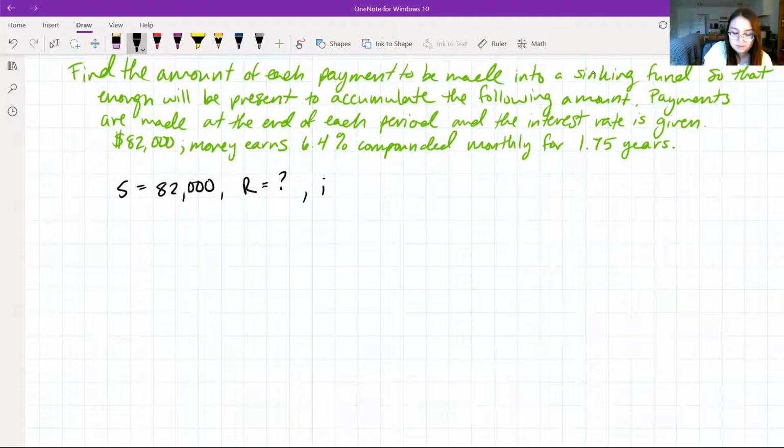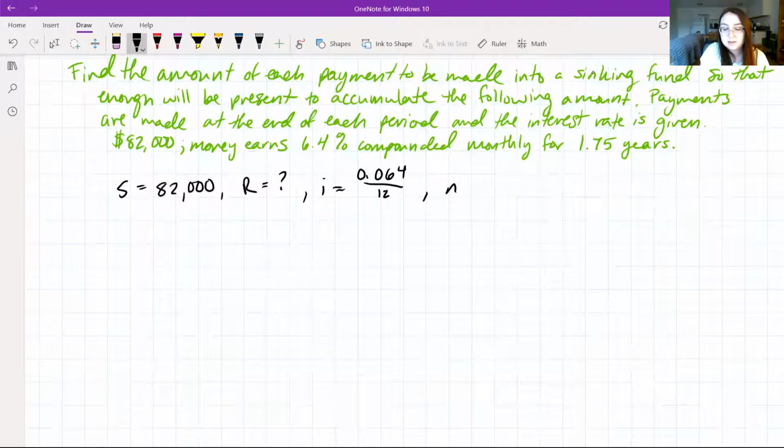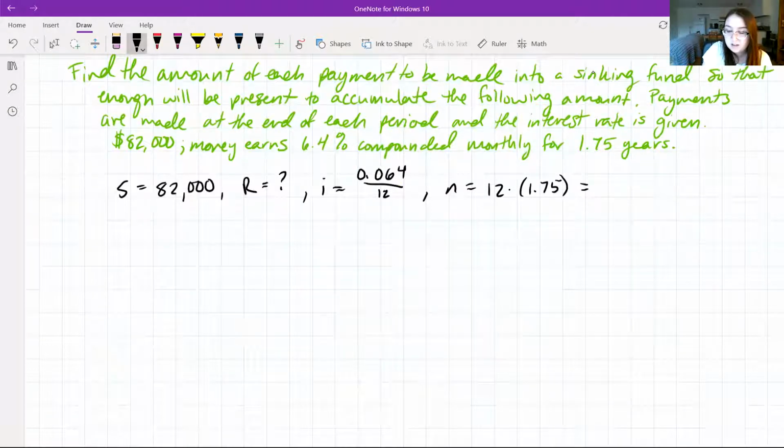Our interest rate is 0.064 divided by the number of times that we compound per year. We're compounding monthly, so divided by 12. And our value of n is the total number of periods. So n is going to be 12 times 1.75, which is equal to 21.